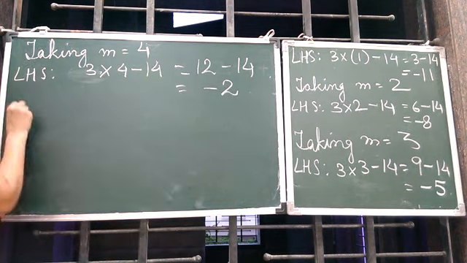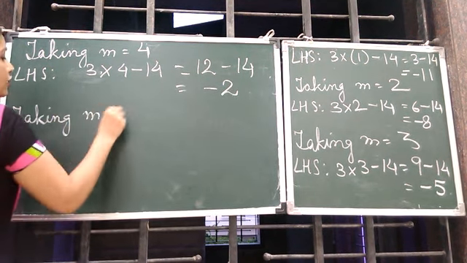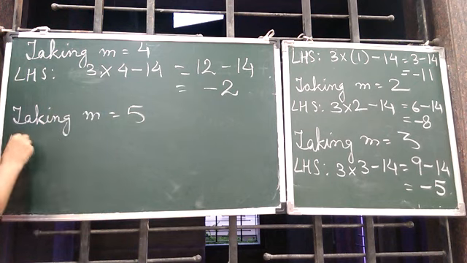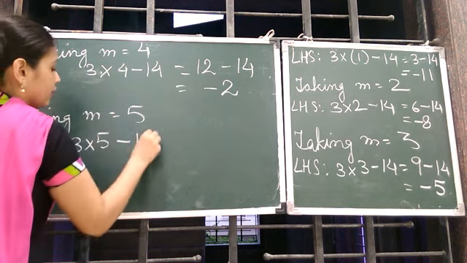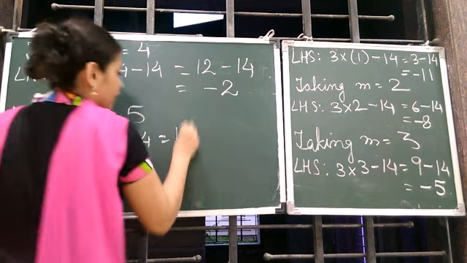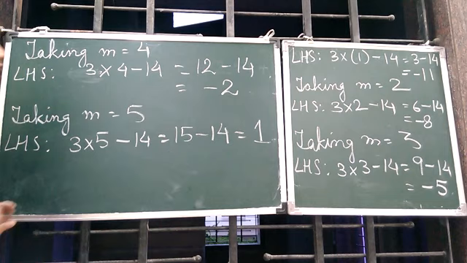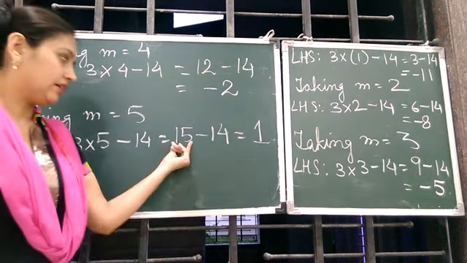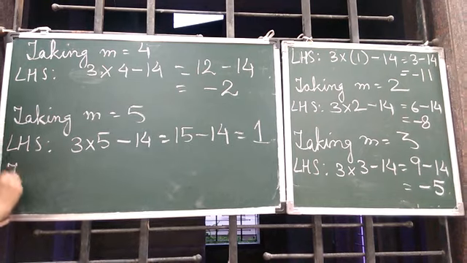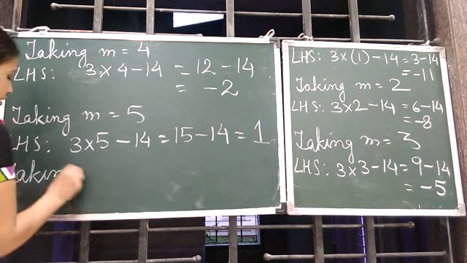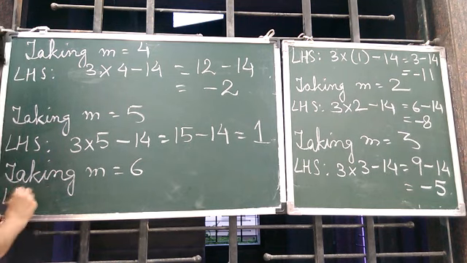Now taking m is equal to 5. LHS: 3 into 5 minus 14. 3 5s are 15 minus 14. Here you see. Here you got this number bigger. So now answer is positive. But still it is not matching. Taking m is equal to 6.